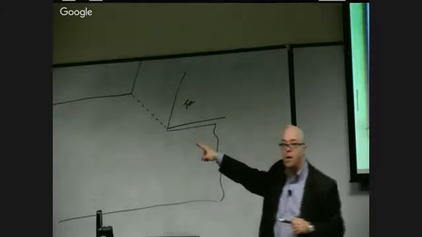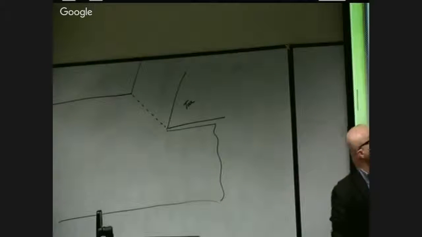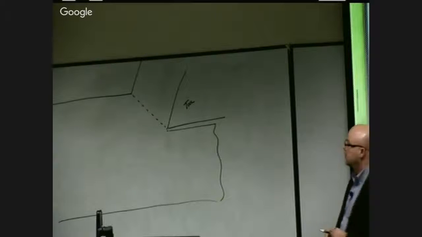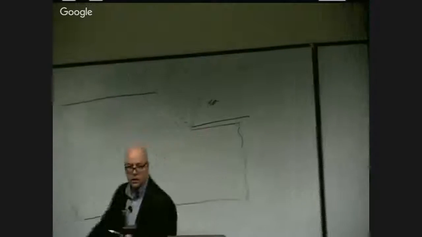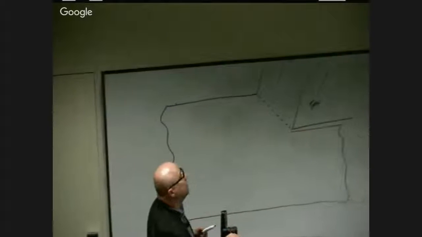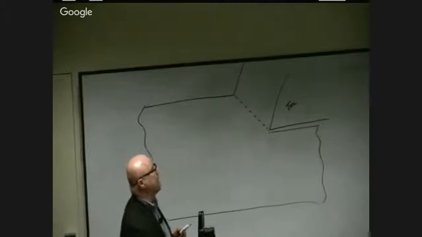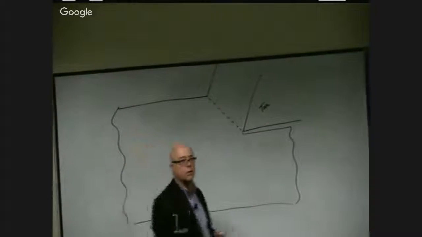So this is a model of the chip forming on the edge of the tool then. That's a model of the chip forming on the edge of the tool. Uncut chip thickness.